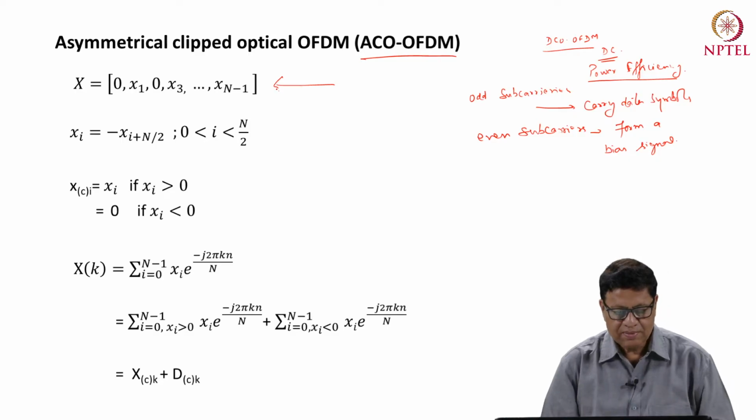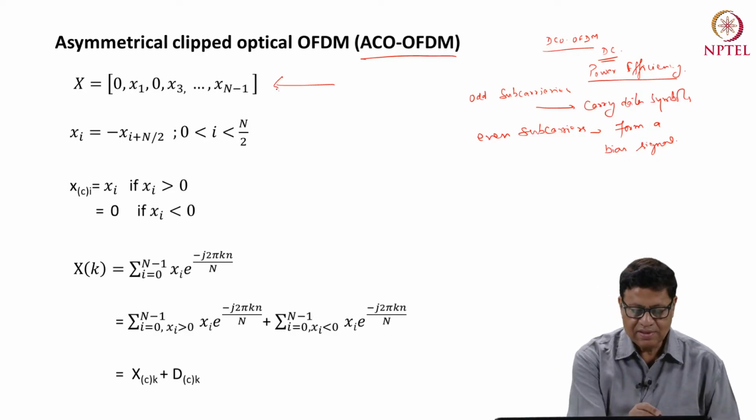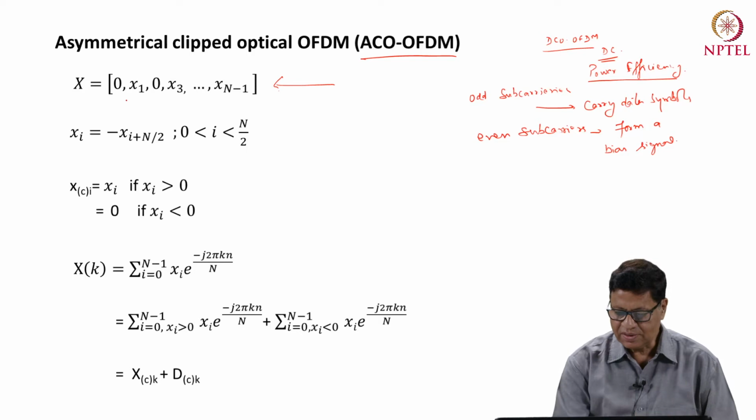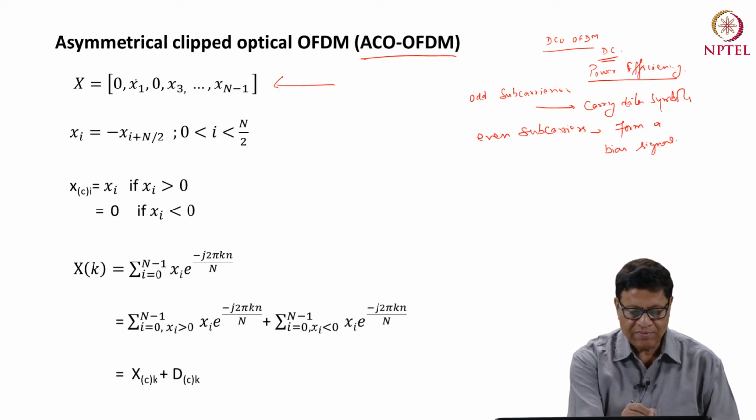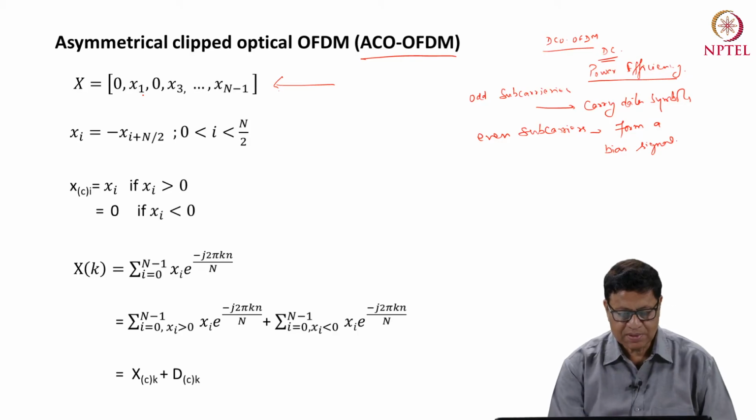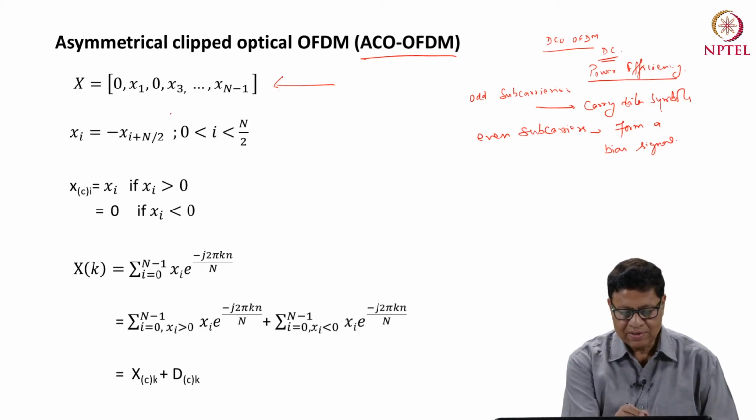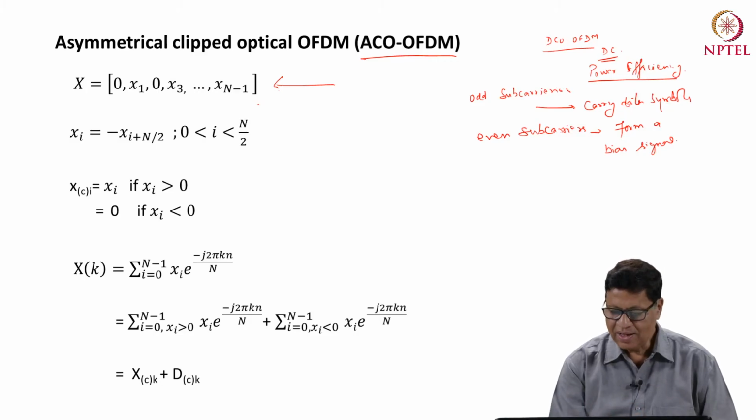So the symbol stream looks like this. You have 0, which is on the even subcarrier, and then you have 1, which is x1 for the odd subcarrier, and so on and so forth. So odd subcarriers are carrying data symbols, and the even subcarriers are 0.